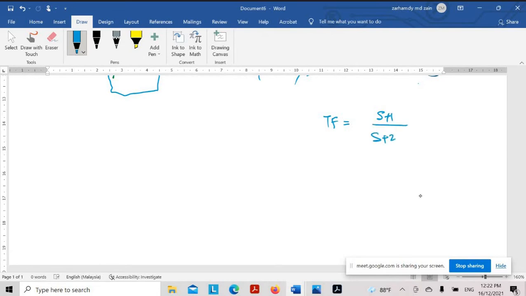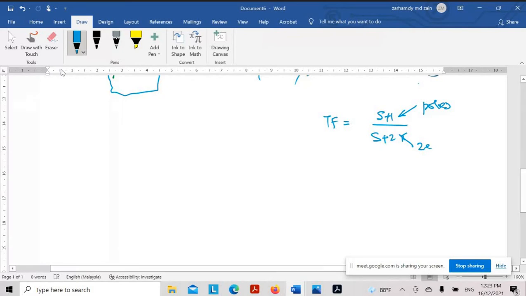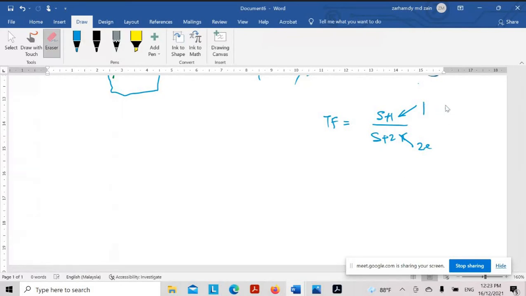So we have numerator and denominator, and we assume these are the roots of the poles. Ingat balik, and we concentrate on the roots of zeros. Silap dah, ya Allah, sorry. Terbalik, opposite.